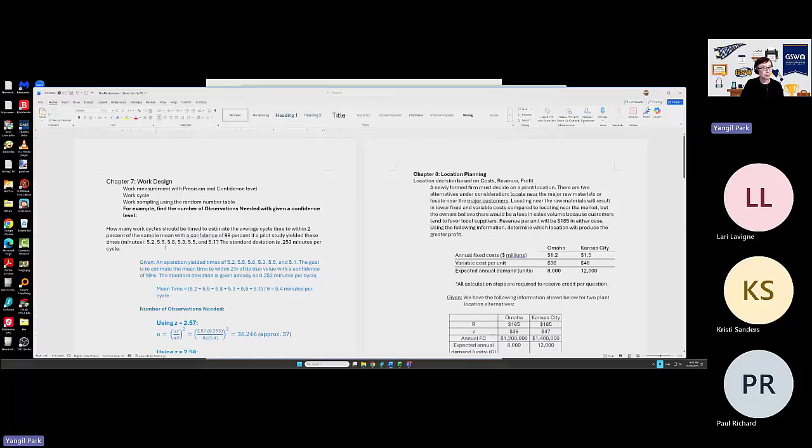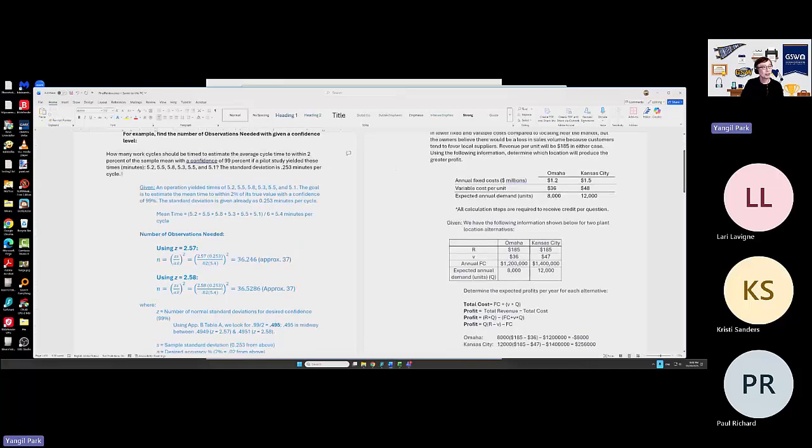Out of chapter 7, this is the one right here. If you recall, we're trying to measure how many times we have to test for a certain item.